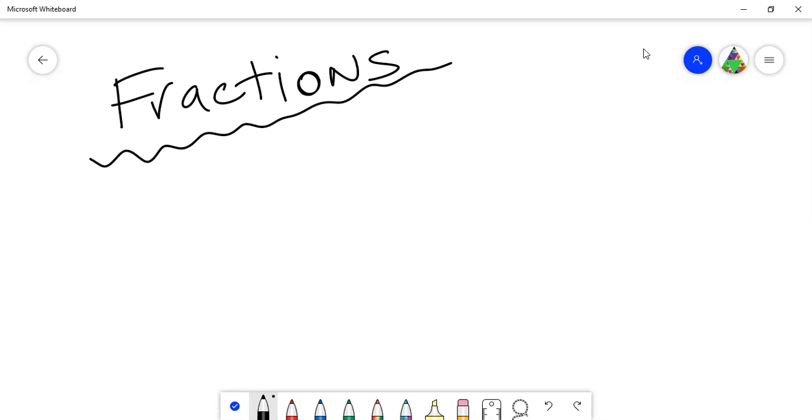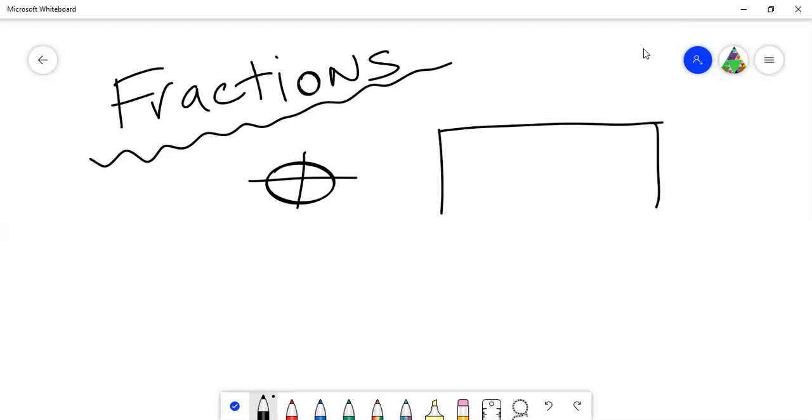When we're thinking about a fraction, we are definitely thinking about the idea that we have something, a model, that is being cut into pieces. The idea of a fraction is to break something apart. And what we typically do is think about how we can model something.